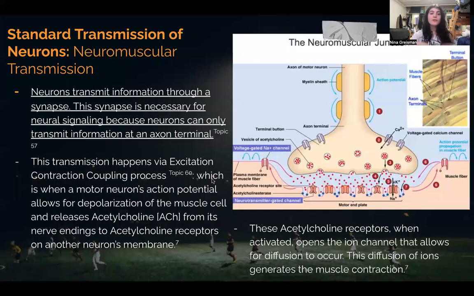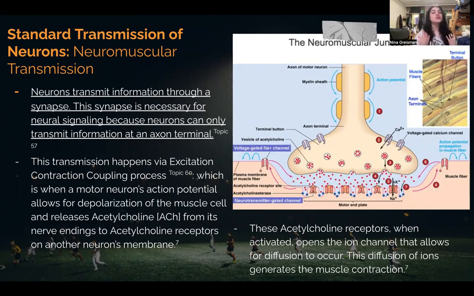And how does this process usually occur? This is very important to focus on before I explain how this process occurs with botulism at play. So this process usually occurs through synapses, which is where the neurons transmit information.